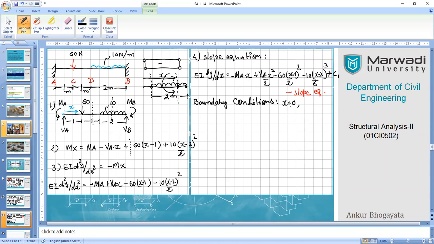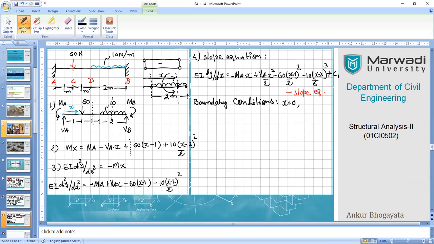Now, if I put x equals to 0, that means at point A, where the slope is 0 and other quantities are also 0, right? So no degree of freedom. That means slope is 0, so we can put 0 over here. When you carry on with that, every term of this slope equation becomes either 0 or negative.